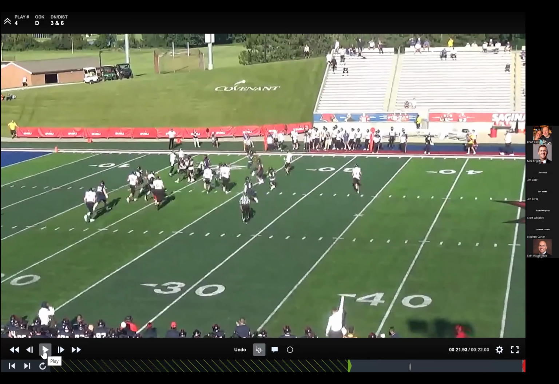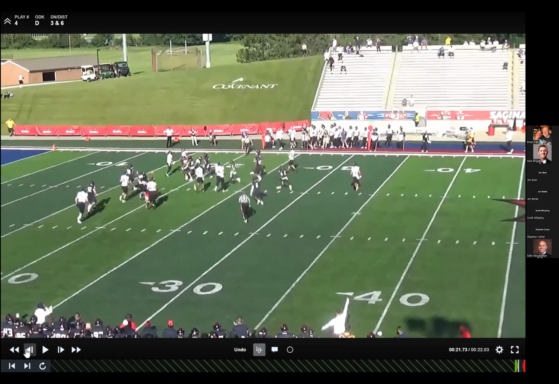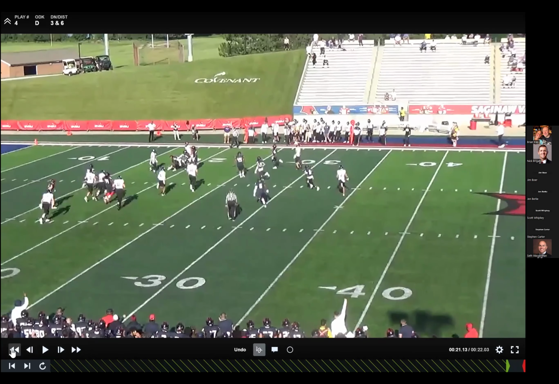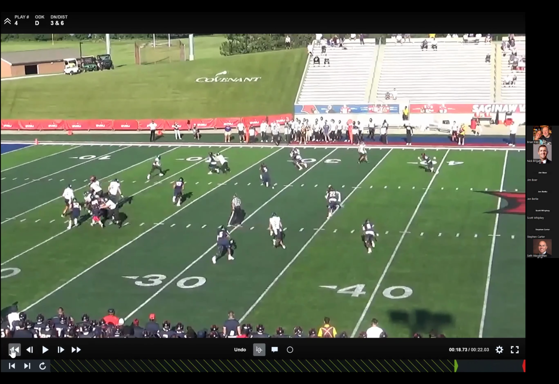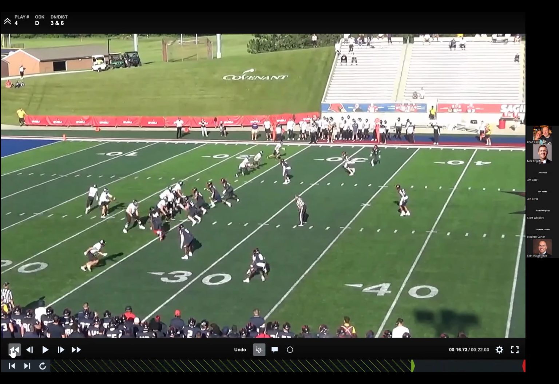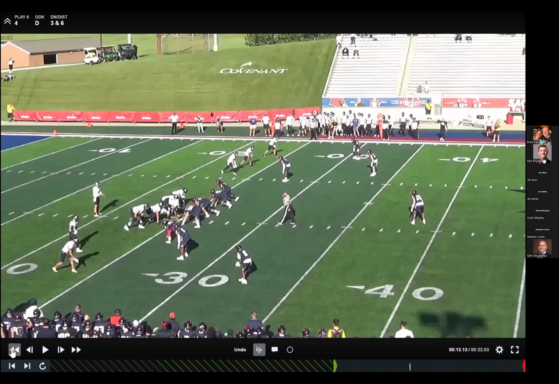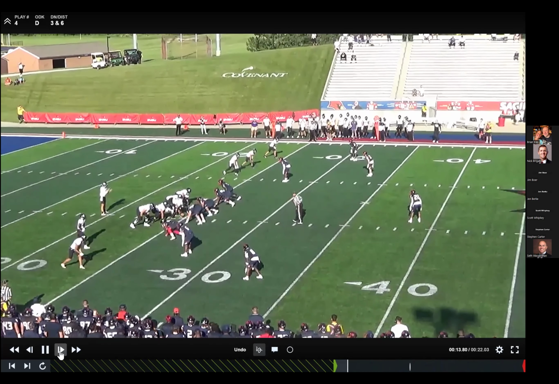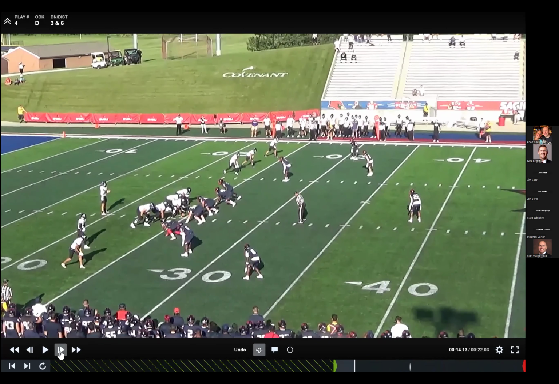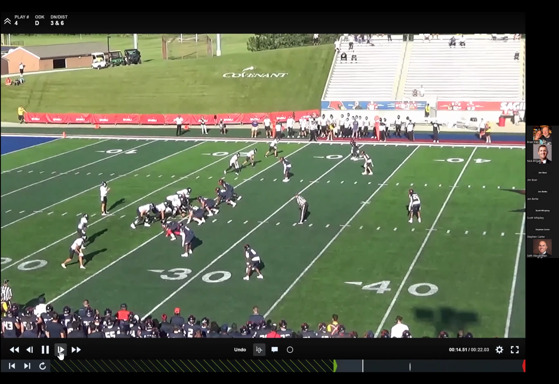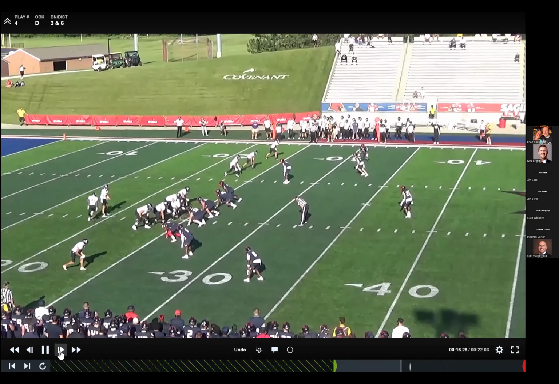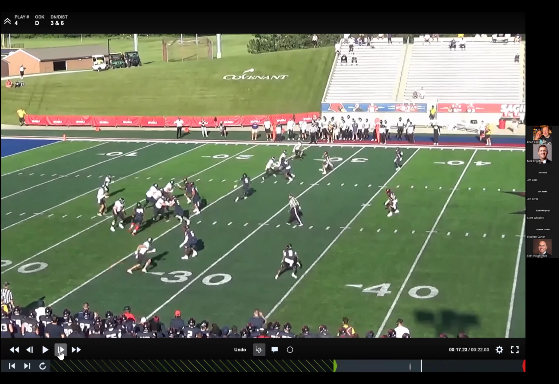When he goes in motion, it is still going to be the line of scrimmage official at the bottom of the screen who has responsibility. He's ruling on this, and you also see the line of scrimmage official at the top of the screen ruling on this.